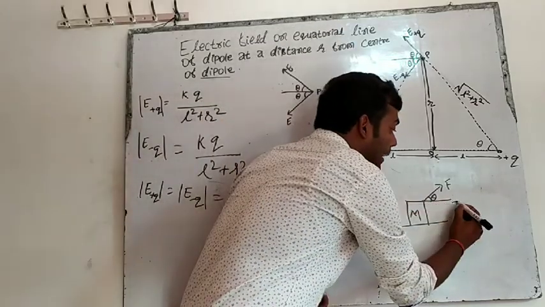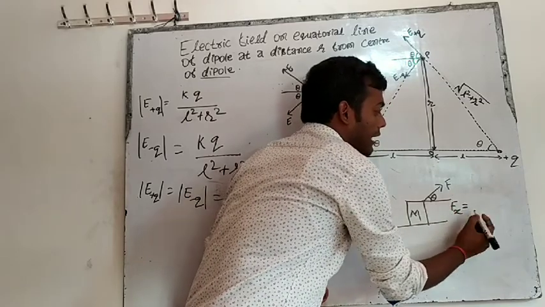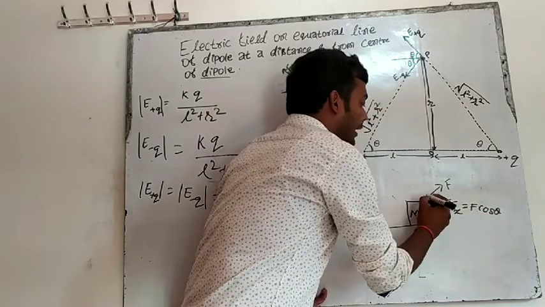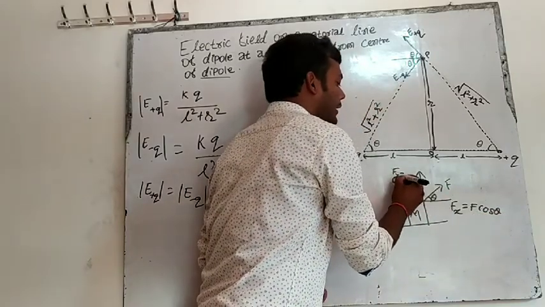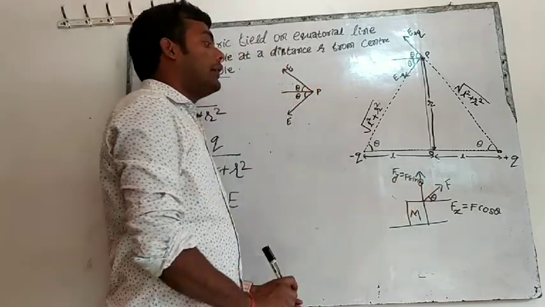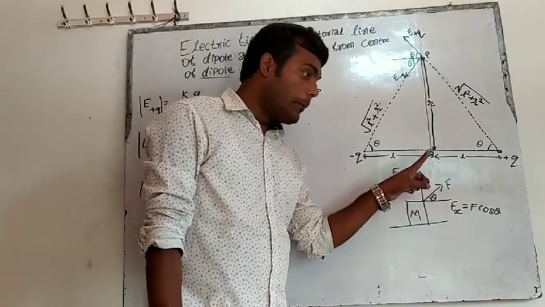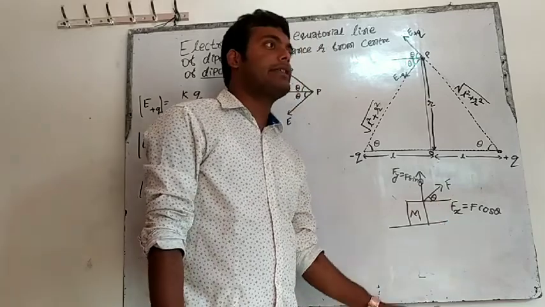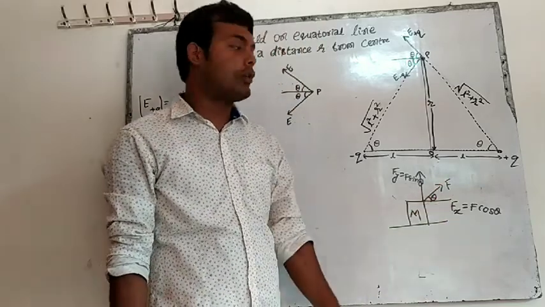Then the x component, that means Fx, force along x-axis will be equal to F cos theta, and force along y-axis will be equal to F sin theta. Write it in your class note also.